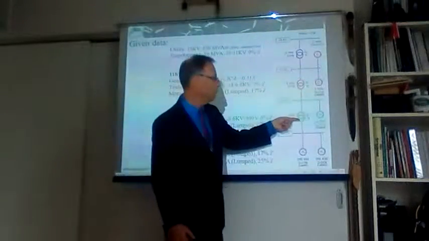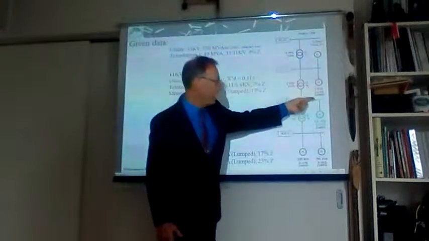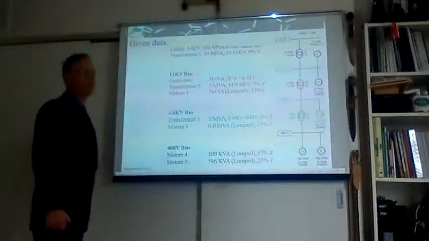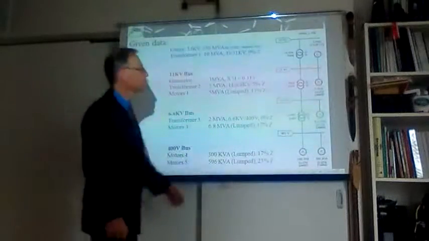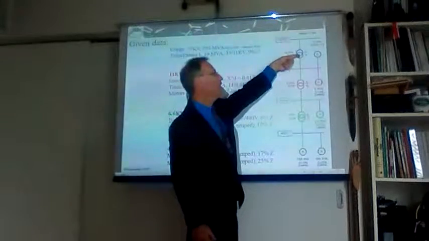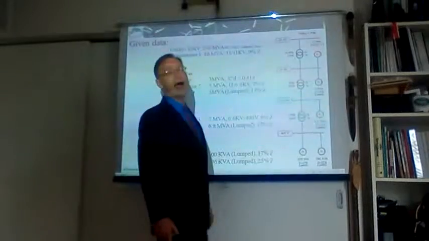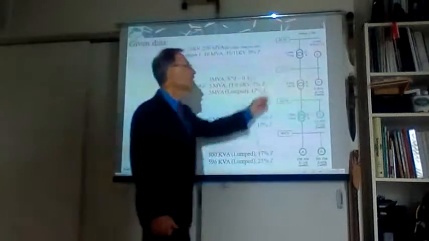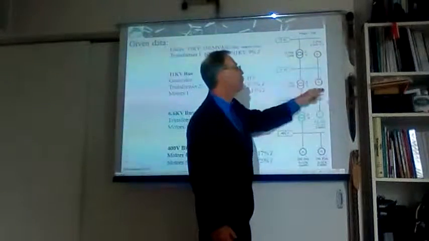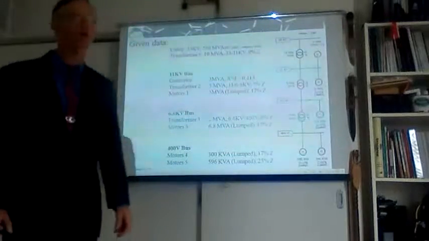On that bus we have that transformer secondary, and a group of motors with 17% internal impedance. This bus will have the secondary of the incoming transformer, the primary of the outgoing transformer, a standby generator, and a motor. Each one of them has a different internal impedance during a fault.